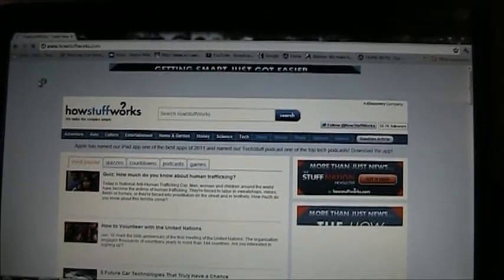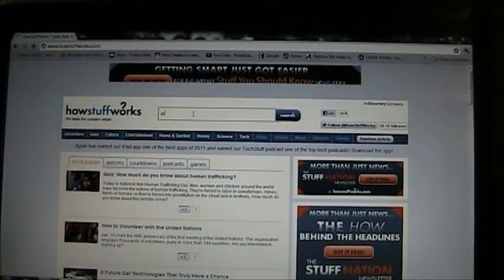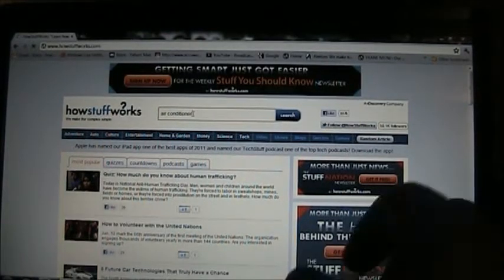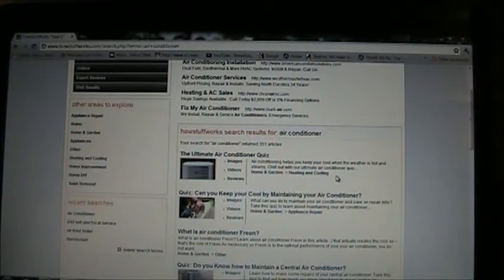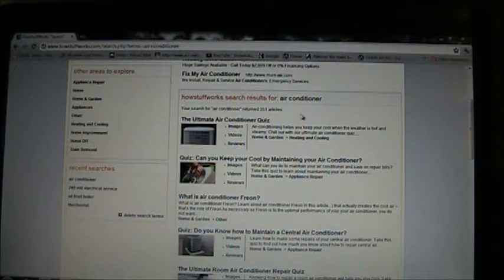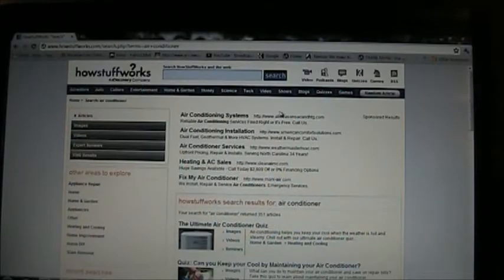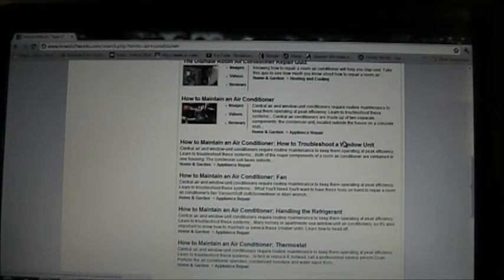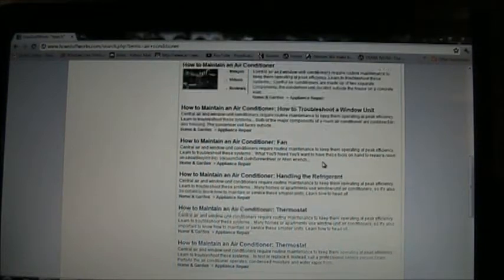I'm going to adjust my tripod so that you can see, and I'm going to type in air conditioner. Now, where's the link at? Hadn't been on this site in a while, you can probably tell.